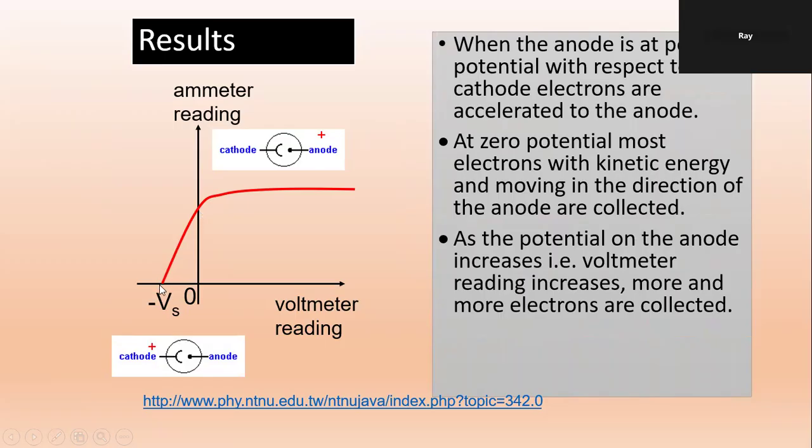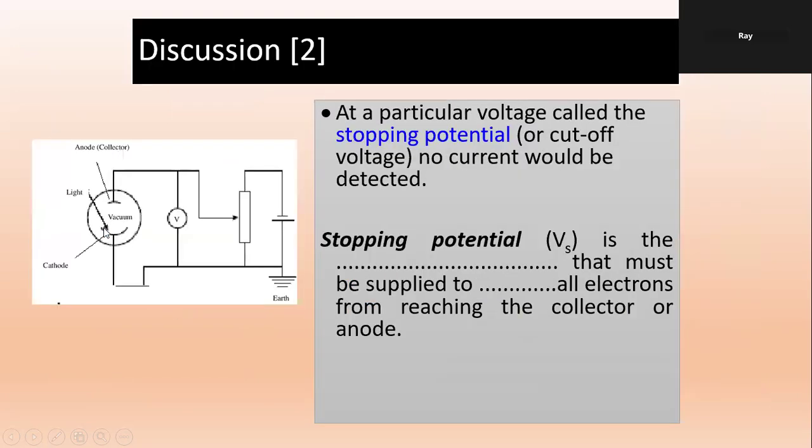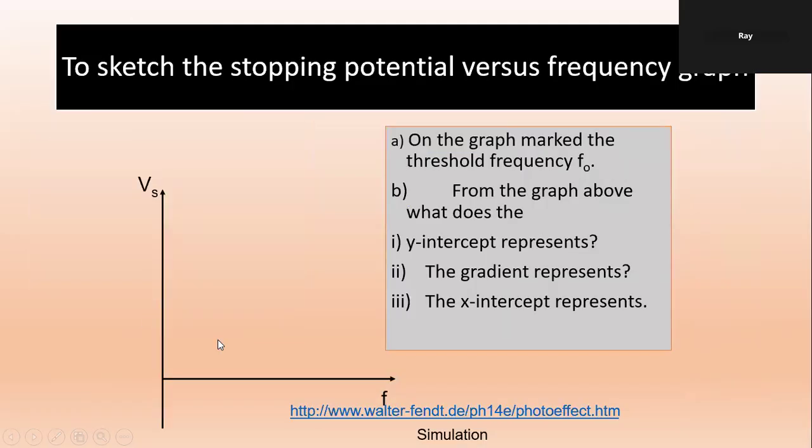So at Vs, the most energetic electron is stopped. That's why it's called the stopping potential, or cutoff voltage: no current will be detected. The stopping potential is a negative voltage that must be supplied to stop all electrons from reaching the collector, the anode.